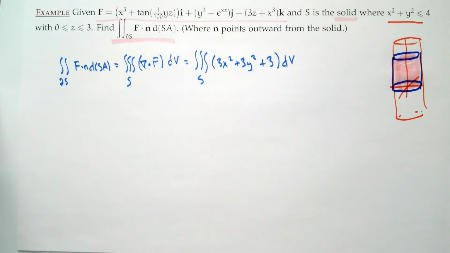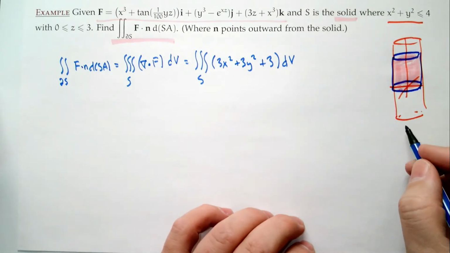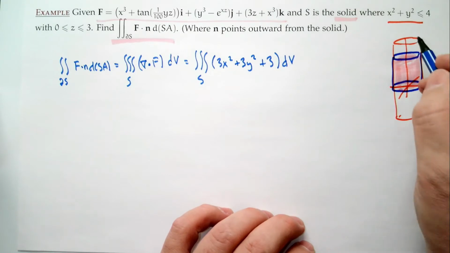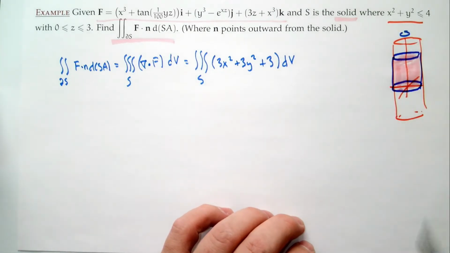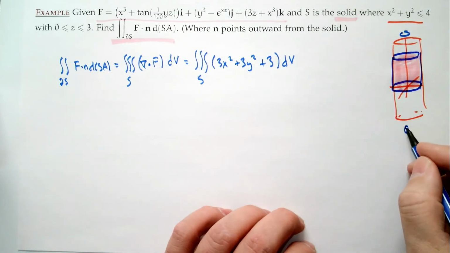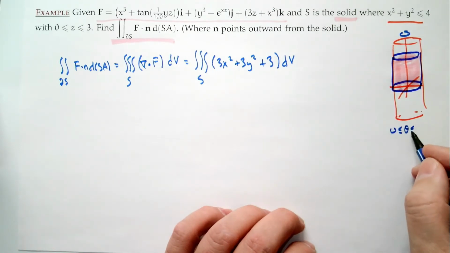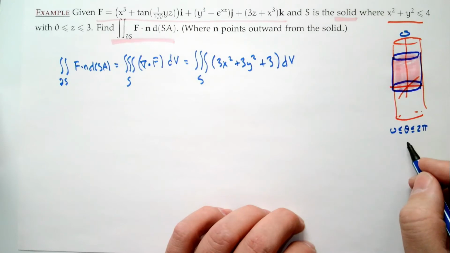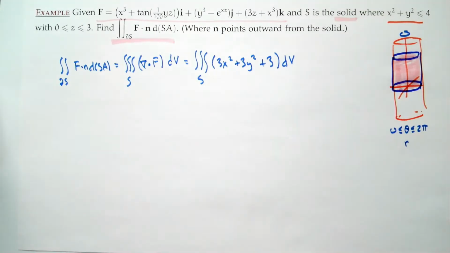Yeah, convert to cylindrical. Exactly, because we have a cylinder here. So let's look at our bounds. It's fully symmetric when we spin it around z, so theta goes between 0 and 2 pi. Our r says how far do we come off the z-axis.